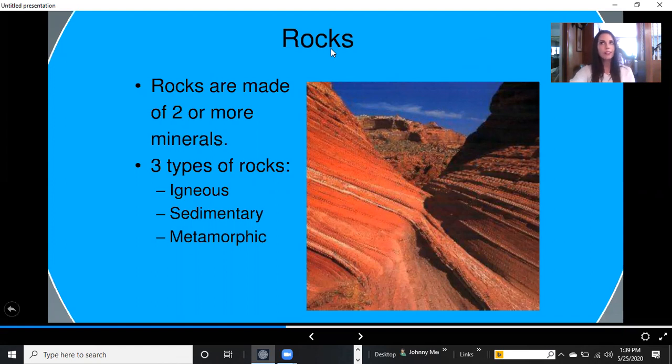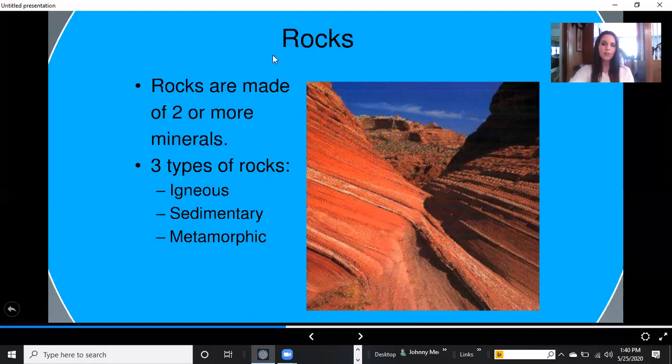So you can say that in a way, rocks and minerals are made of the same thing, but in a different capacity. Because minerals are made up of one or more elements in the periodic table.